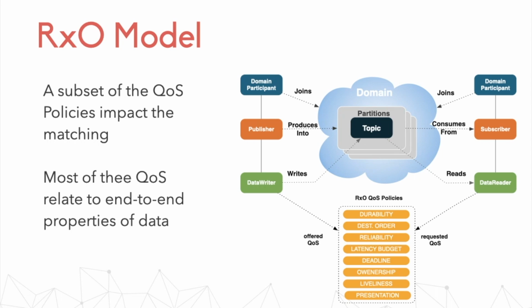You see, for instance, durability, destination order, reliability, and, as I just gave an example before, deadline, and so forth. Now, for all QoS that are RxO, or request versus offered, as I mentioned previously, in order for a data writer and a data reader to match, the QoS provided by the data writer has to match or exceed the QoS requested by the data reader.